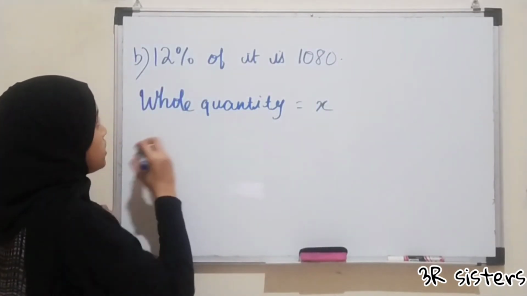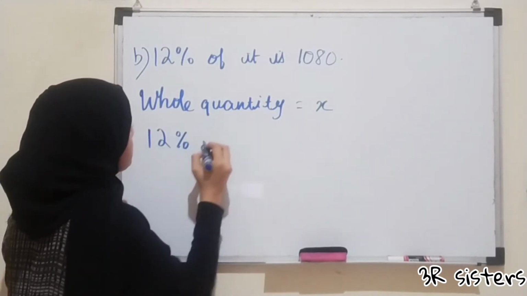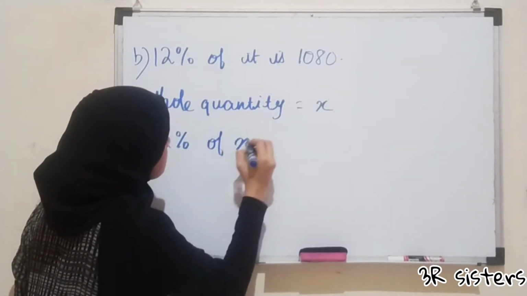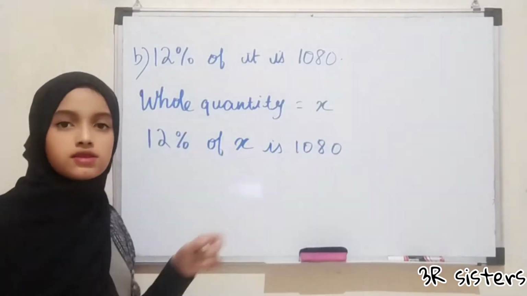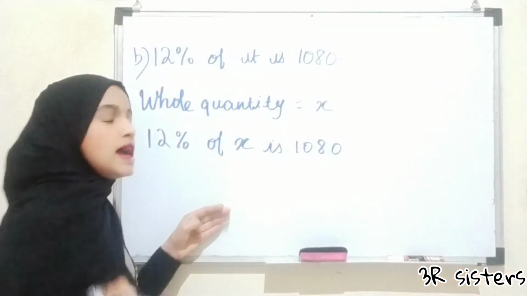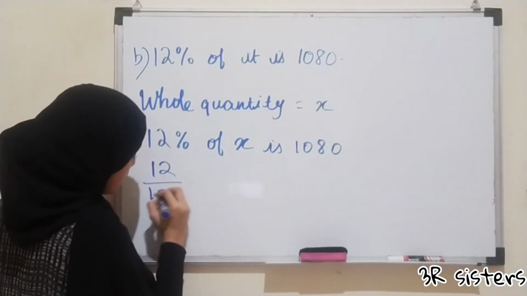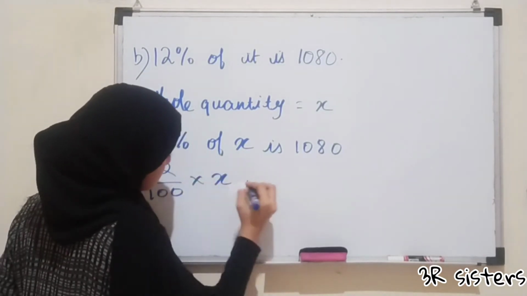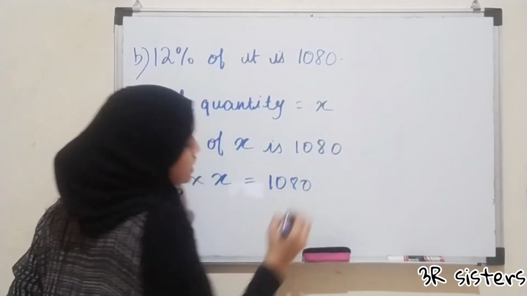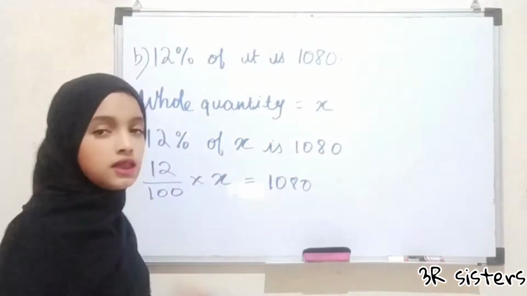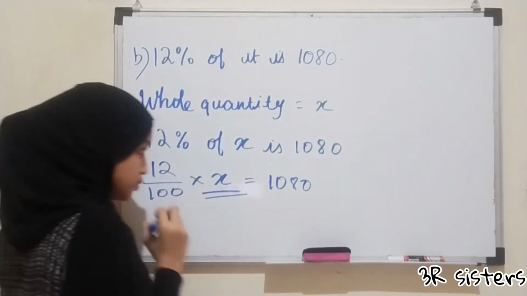Now the question changes into 12% of x is 1080. And when we solve, this will be 12 by 100 into x, which is equal to 1080. We have to find the quantity of x.